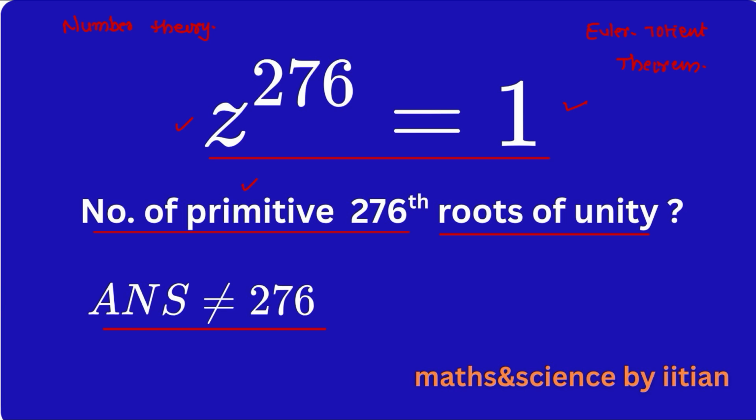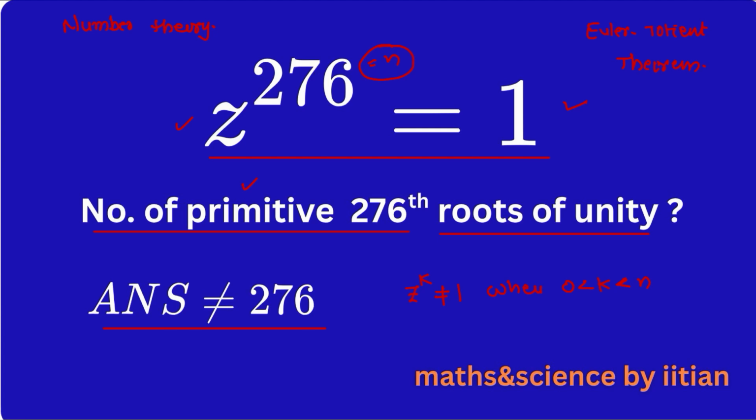And primitive root means, if this number is n, then z to the power of k should not be equal to 1 when 0 is less than k less than n.